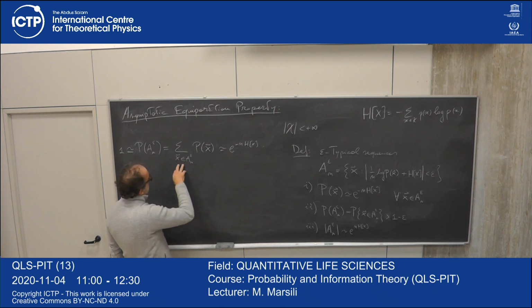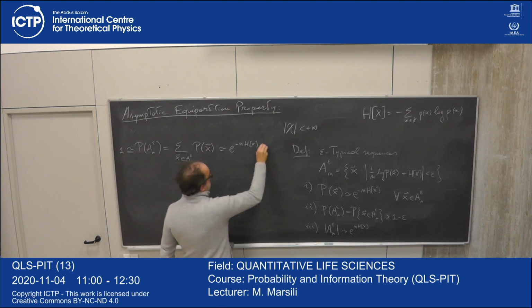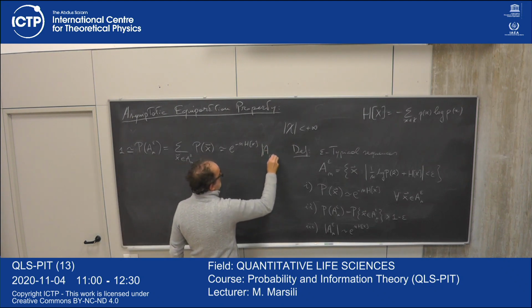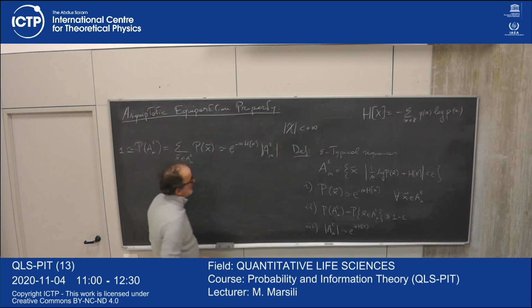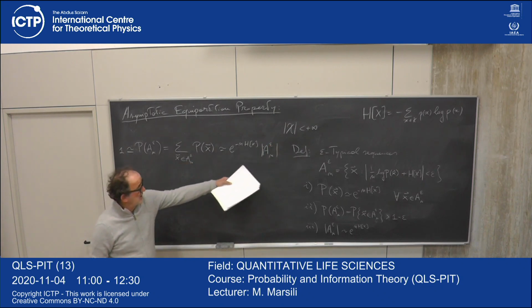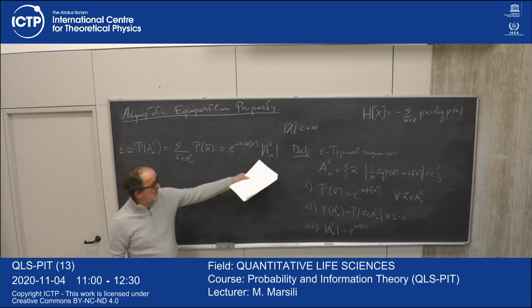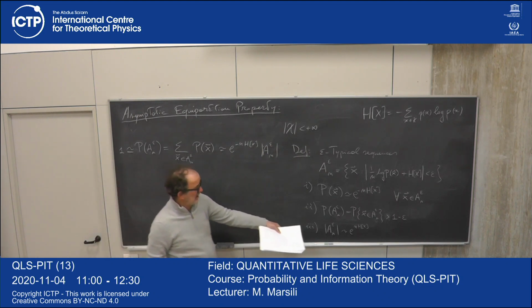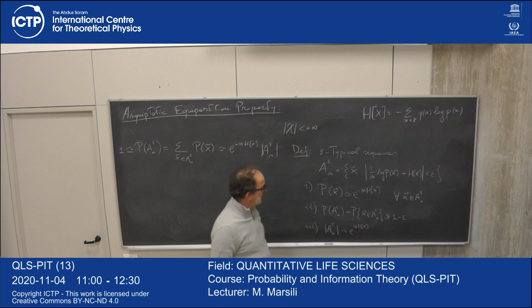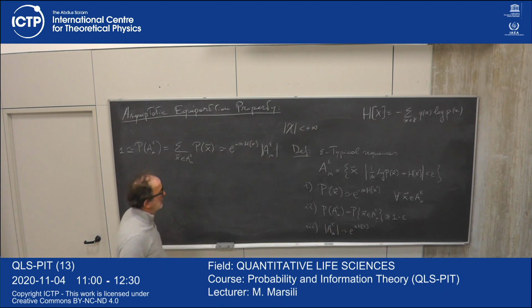And what remains is the sum over all the sequences in this set of 1, which is just the number of sequences in this set. So you see that this equality tells you that essentially the number of sequences in this set must be e to the n times the entropy.